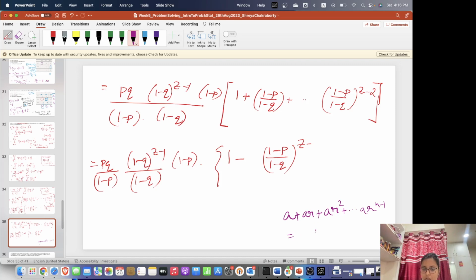So that would be a times 1 minus r to the power n by 1 minus r. Here we are starting with z minus 2, so we'll have z minus 1, divided by 1 minus r.